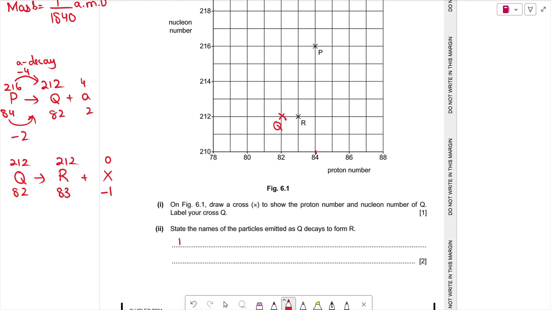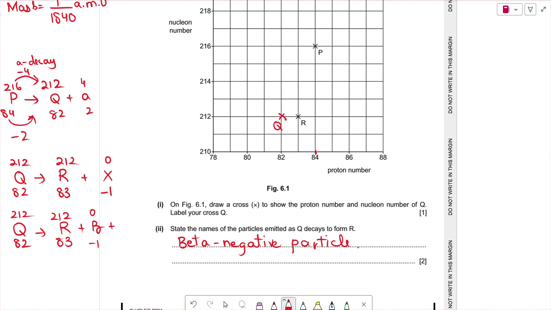So this is beta negative particle. Now, remember one thing, whenever a beta negative particle is emitted, let me rewrite this equation. Since we know that it's the beta negative particle, whenever a beta negative particle is emitted, an antineutrino is also emitted.